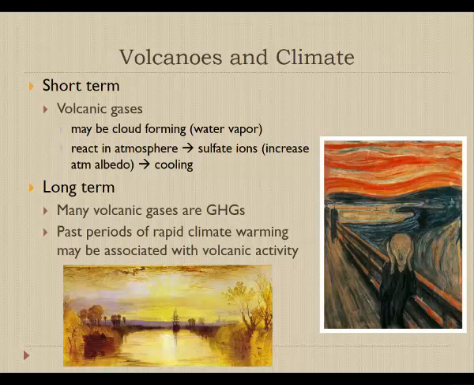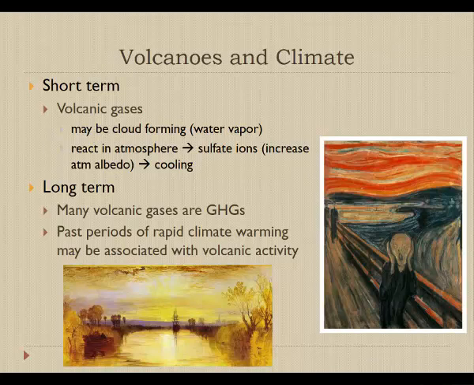And there's different kinds of influences that are felt in short-term ways and long-term ways as a result of volcanic eruptions. So in the short term, after a volcano erupts, there may be an introduction of many different kinds of gases from the volcano into the air.